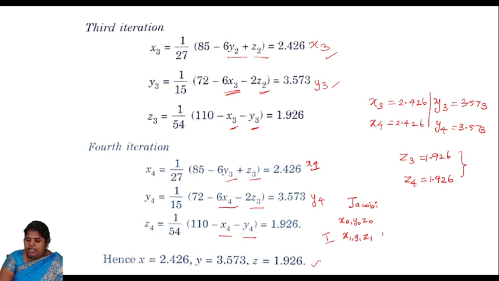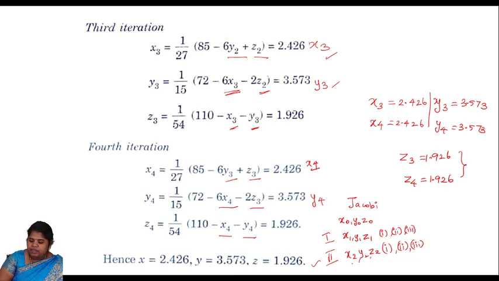In all the three equations, we should substitute x0 in the place of x, y0 in the place of y and z0 in the place of z. We obtain x1, y1, z1. Now, in the second iteration, in the place of x, replace x1, in the place of y, replace y1 and in the place of z, replace z1 in all the three equations. Okay, we get x2, y2, z2.